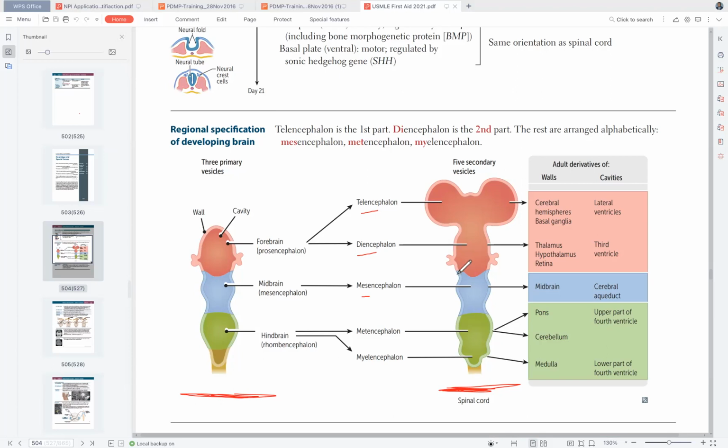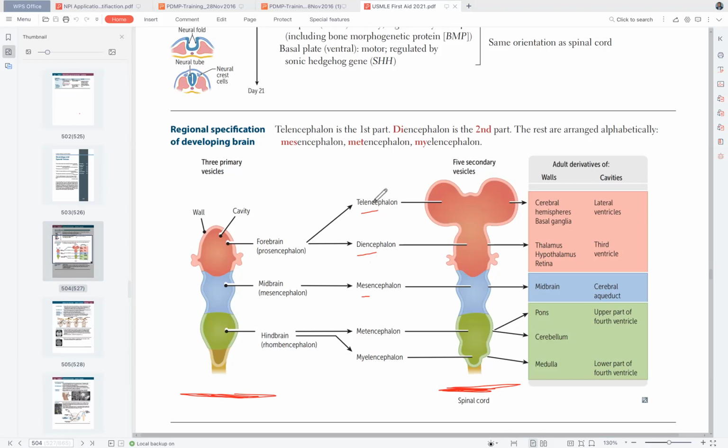But they'll bring you back to embryology and ask the part of the brain that this symptom is coming from developed from which of the following. Is it from the telencephalon, diencephalon, mesencephalon, or myelencephalon?